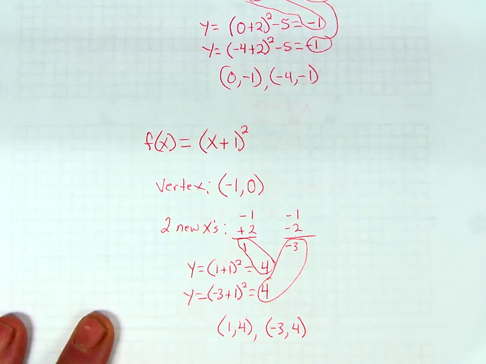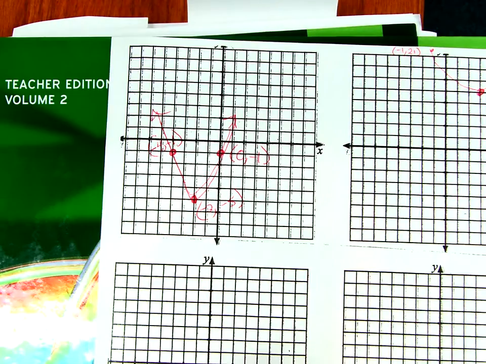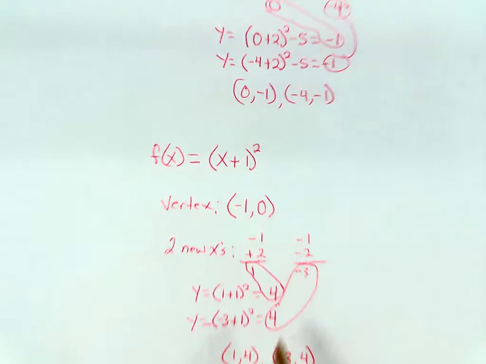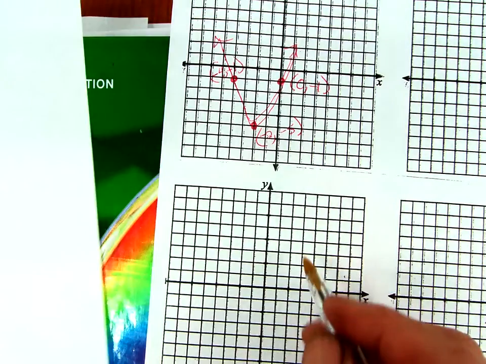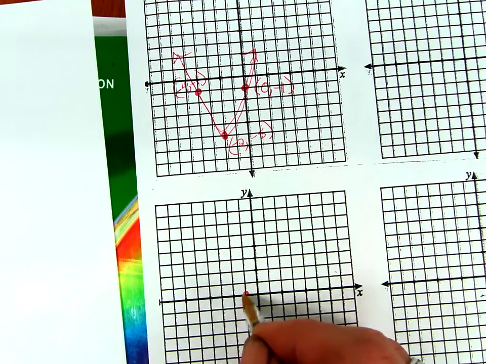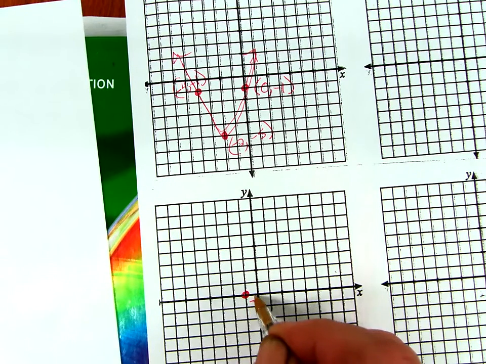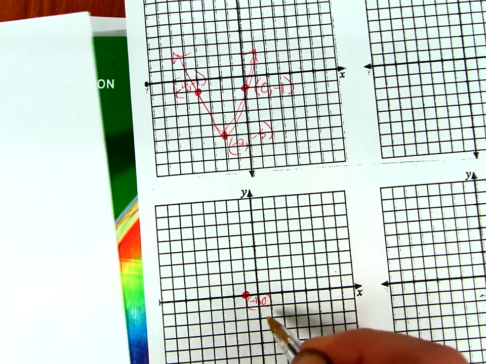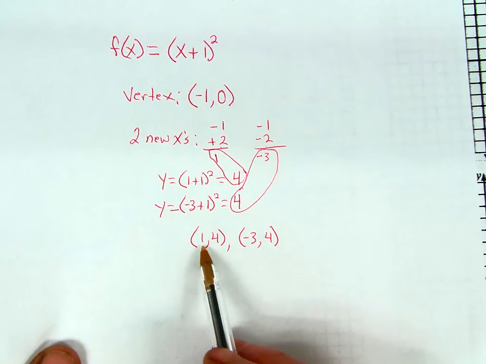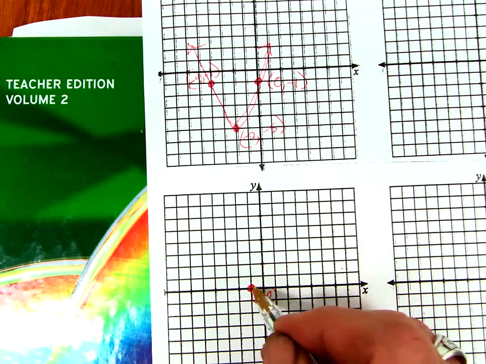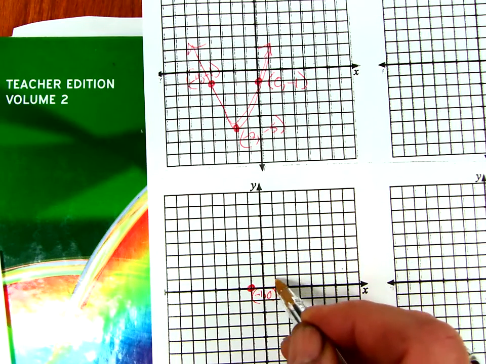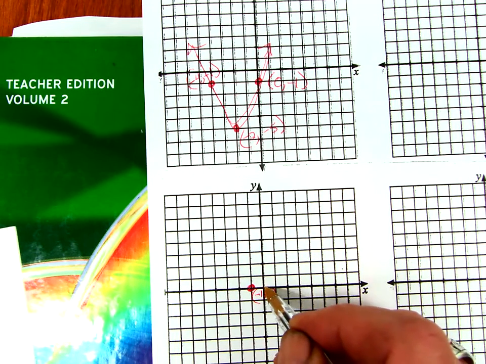And here we go. All right. Vertex, negative 1, 0. Negative 1, 0. Point 1, 4. Go over 1, up 4. You always start at the origin.